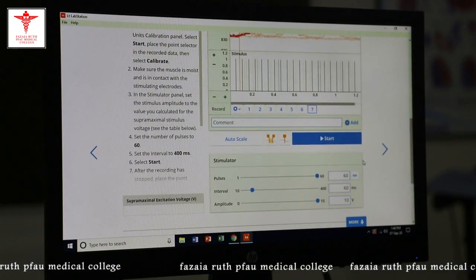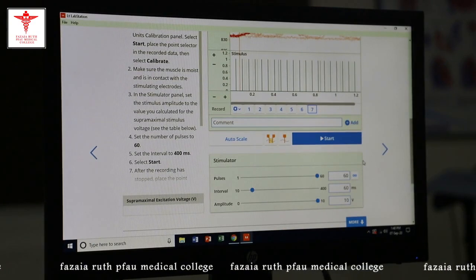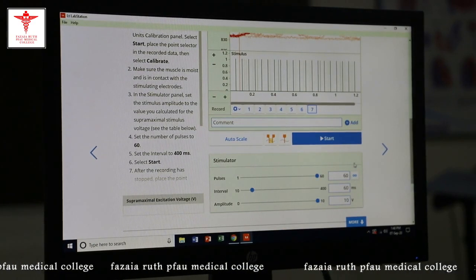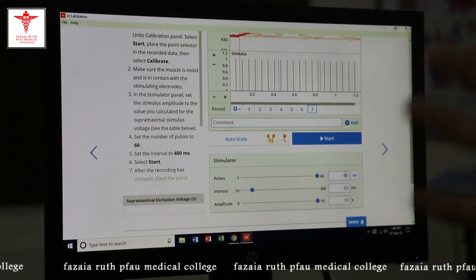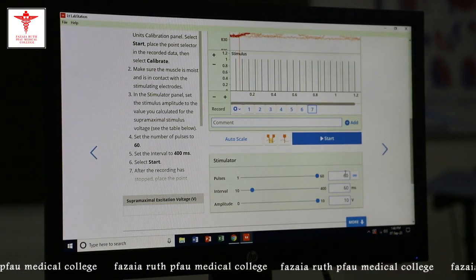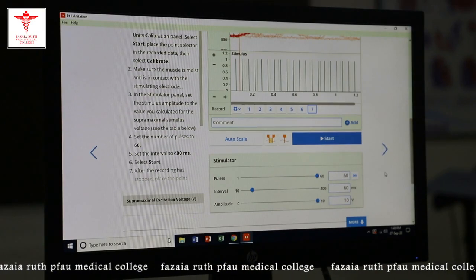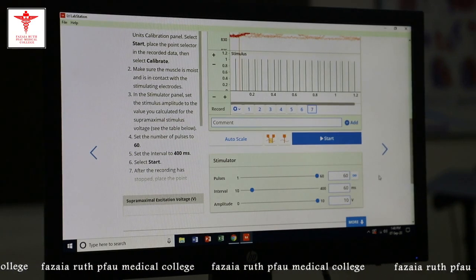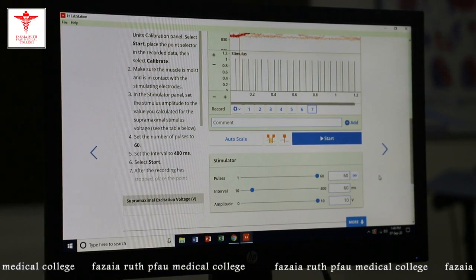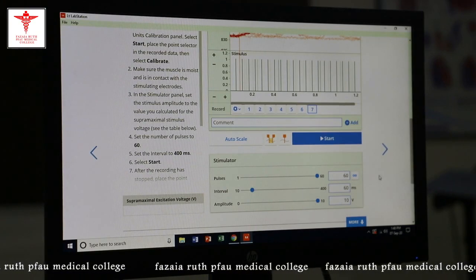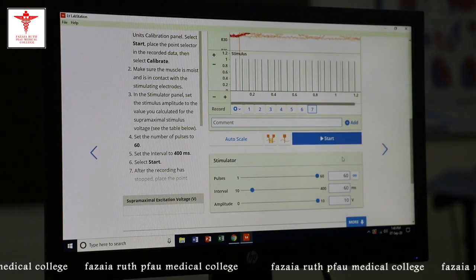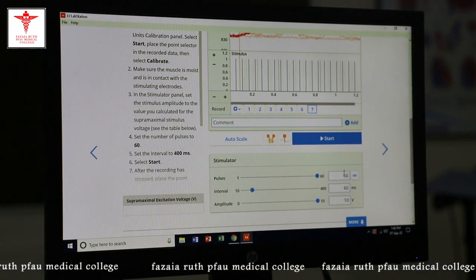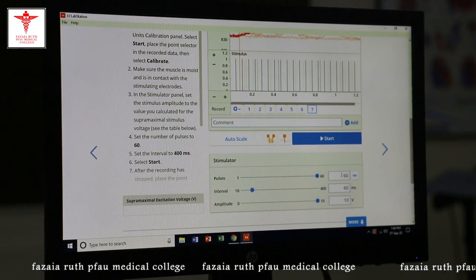Again, over here in tetanus, we are going to increase the pulses, the amount of force that we are giving to the frog muscle, and the time interval we are going to decrease. Again, 400, 200, 100, 80, 60, 40, 20. But the point is that we are going to increase the pulse.